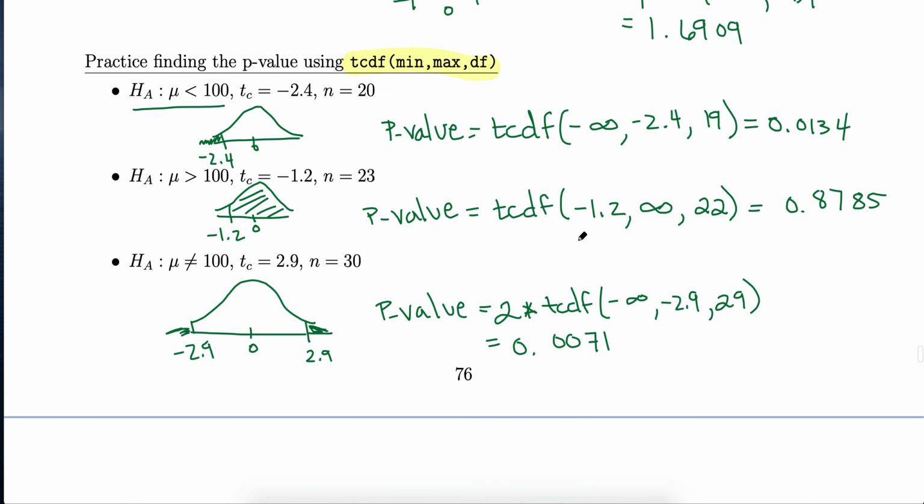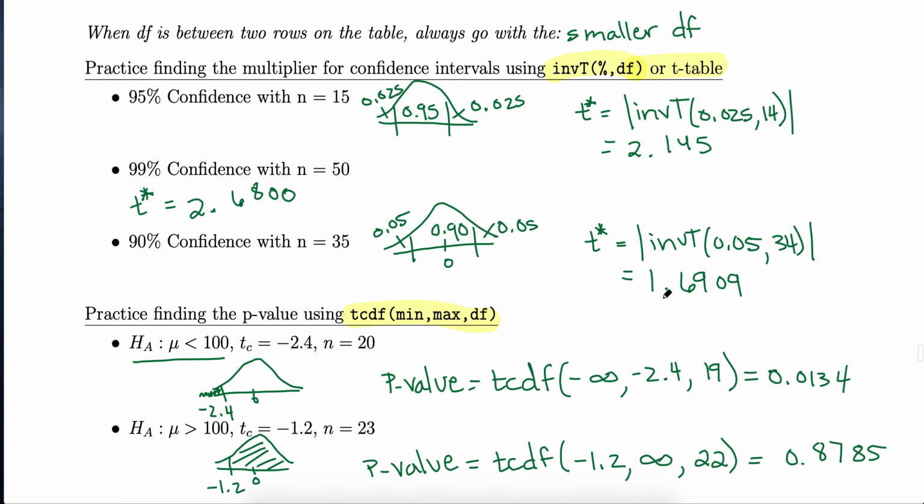And you'll notice when we use a calculator, we got something similar, 1.691. So if you use the table, there's a chance you might be a little bit off from what people are getting on the calculator. That's okay. We account for that. We understand that might happen.